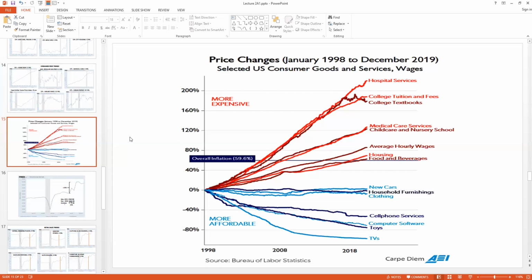But in any event, if you're interested to know where pricing trends have been favorable and unfavorable, you just need to look at this chart.